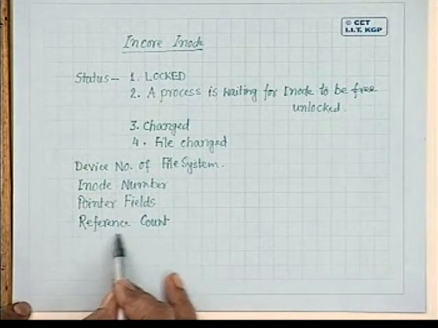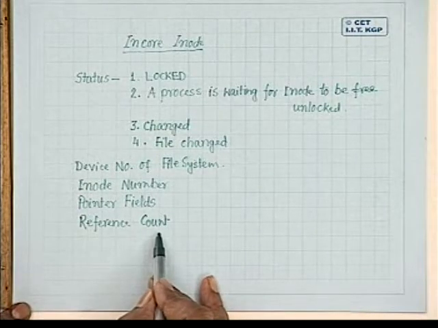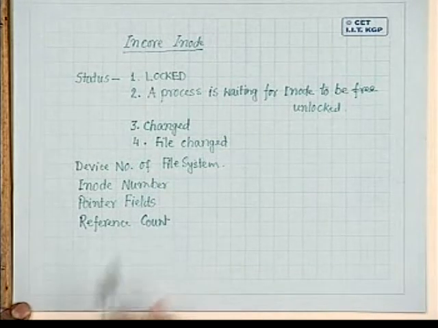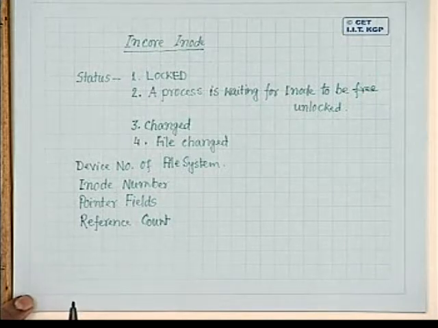When a process opens a file for the first time, the reference count field will be set to 1, indicating that there is a single instance active for that particular inode.